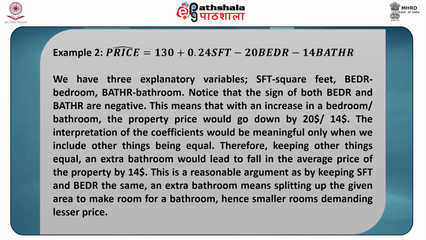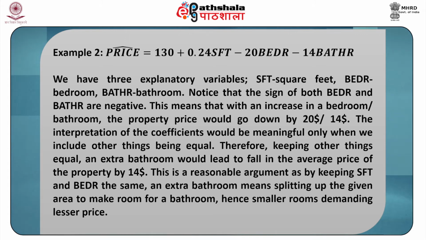So we have included three explanatory variables. These are SFT, the square feet area of the house or the property, the BDR, as I said, the number of bedrooms, and the number of bathrooms as BATHR. Before attempting to interpret, one should look at the signs of the coefficients.